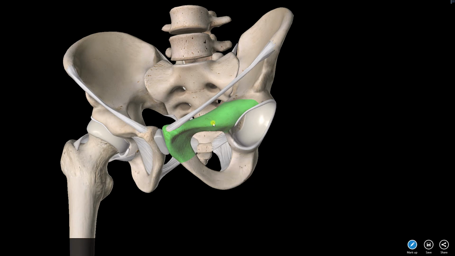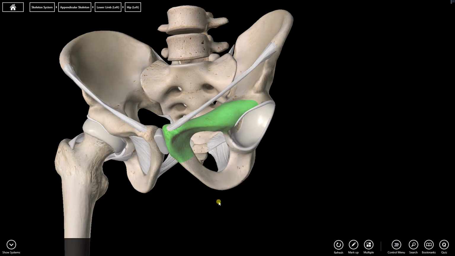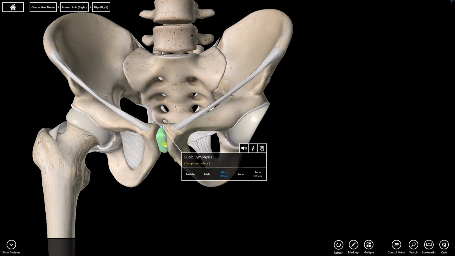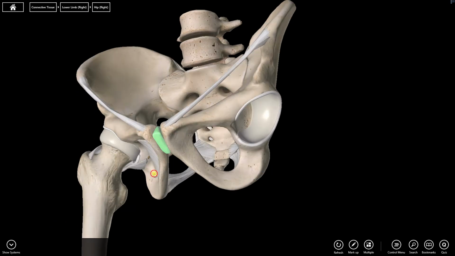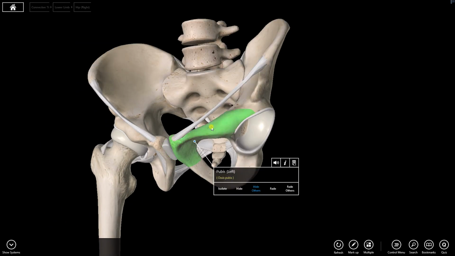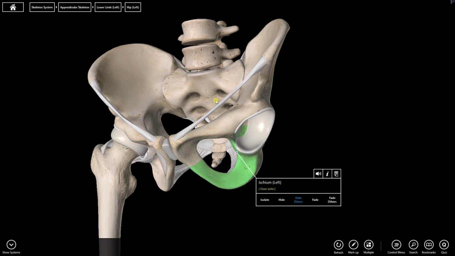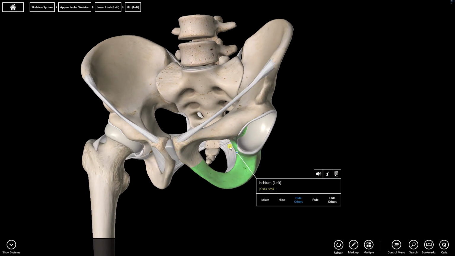Actually, I'll just roughly, superior ramus extends a bit farther than that, and then the inferior ramus of the pubis, and then right here, kind of this square area, is the body of the pubis, through which you attach the two sides of the hip bone through the pubic symphysis, and it also attaches to the inguinal ligament. Now, inferiorly from the pubis, we have the ischium, and between the two of those, we define the obturator foramen, which is this nice big hole right here.